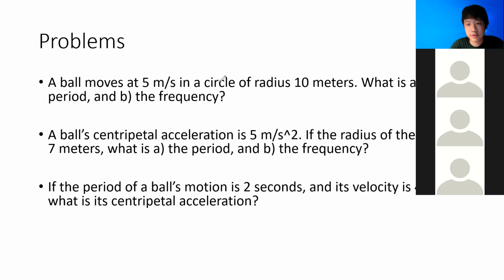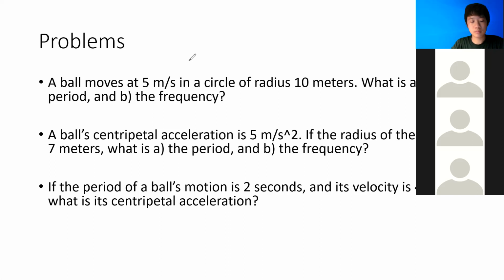All right, so for the first one, we're going to have Fiona explain the answer. Okay, so you just use the formula T is equal to 2 pi r over V for the first one.